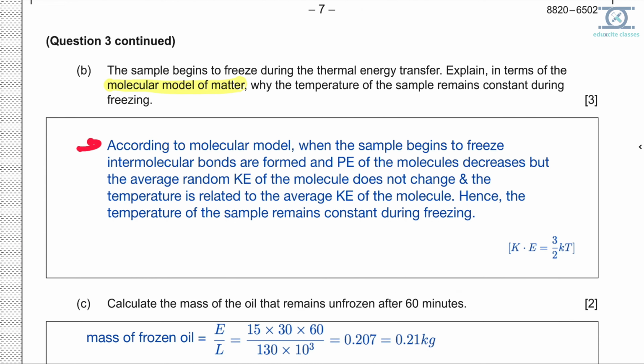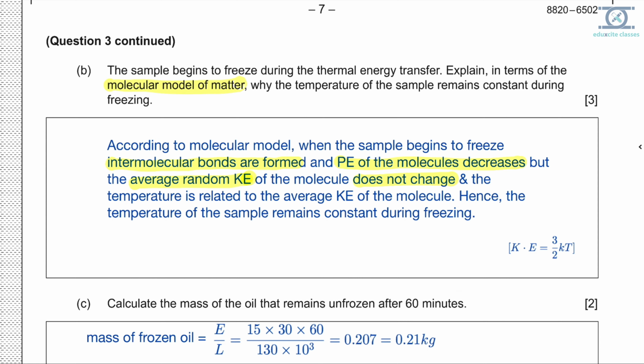So we know that according to the molecular model, when the sample begins to freeze, intermolecular bonds are formed. This is very important. And potential energy of the molecule decreases. By forming of the intermolecular bonds, the potential energy of each and every molecule decreases, but the average random kinetic energy of the molecule does not change.